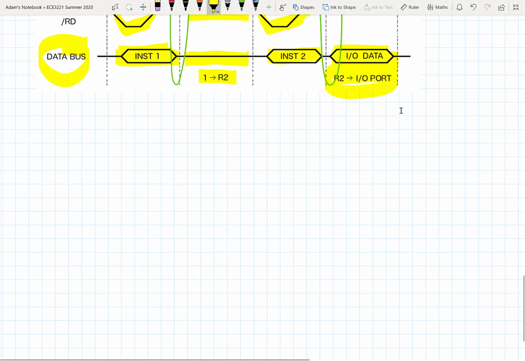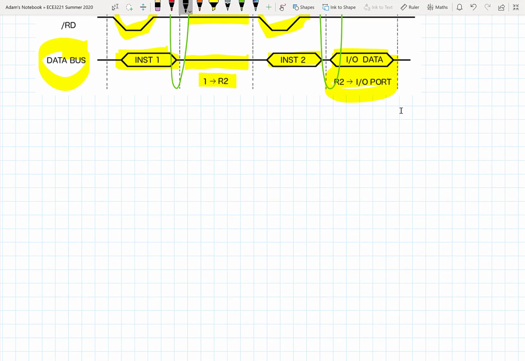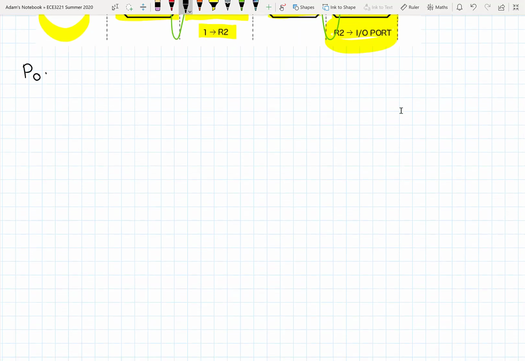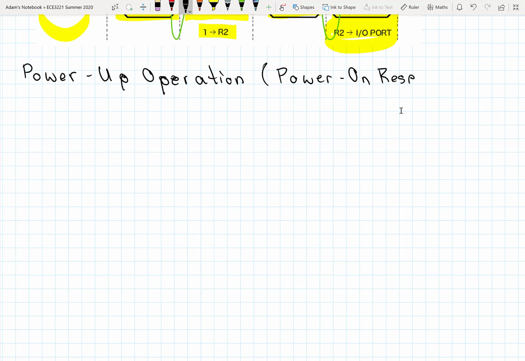Okay, let's have a look at what happens when we first power up our processor. There has to be some kind of a starting condition. So let's call this the power up operation. In fact, this is often referred to as power on reset, or sometimes you may just see it referred to in documentation as POR.